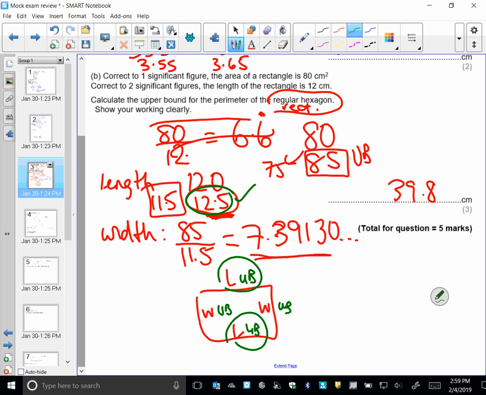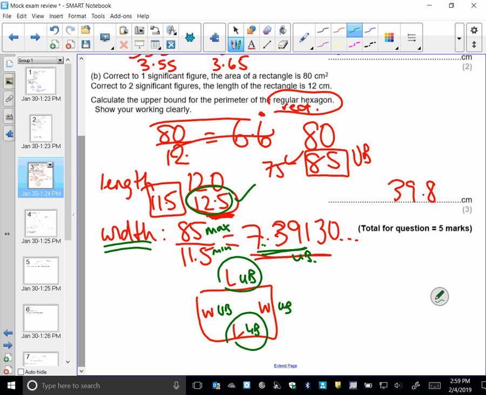We found the upper bound width by using the maximum value for the area and the minimum value for the length. So we're going to have 2 lengths of the 7.39 and 2 lengths of the 12.5 and add those together. Is everyone clear on that now?